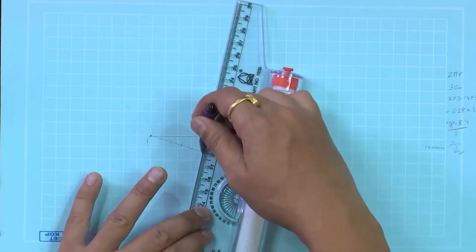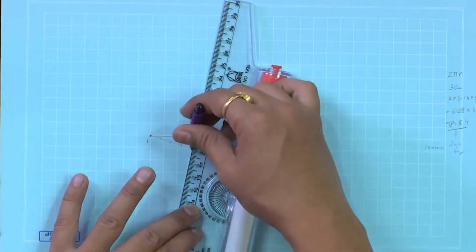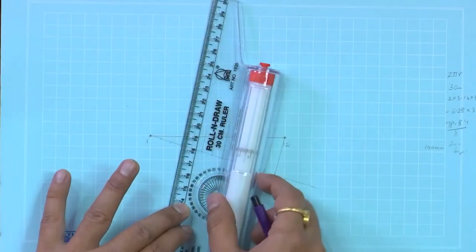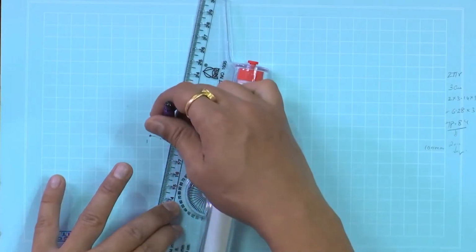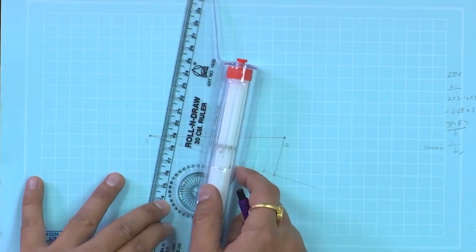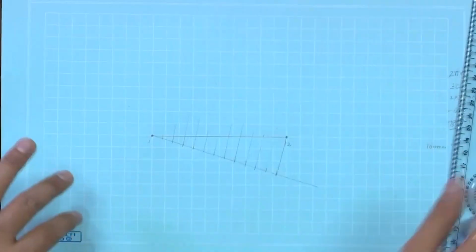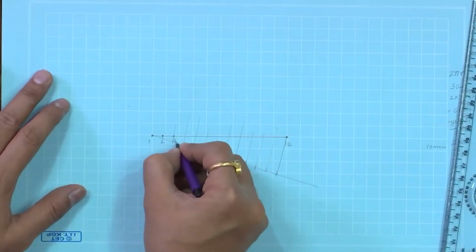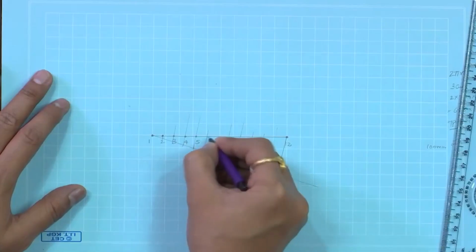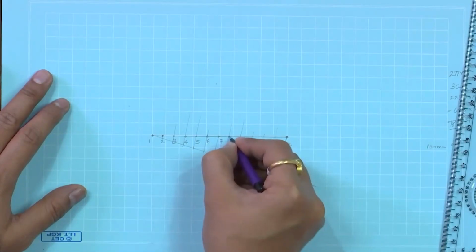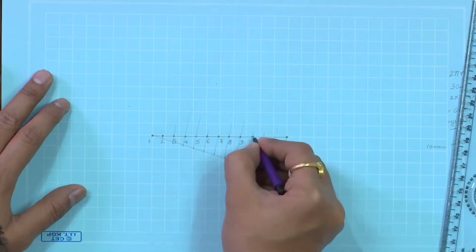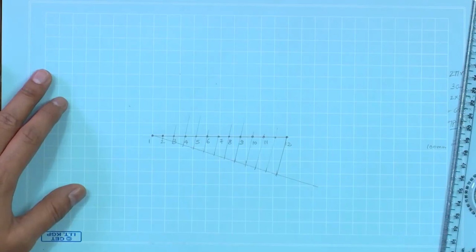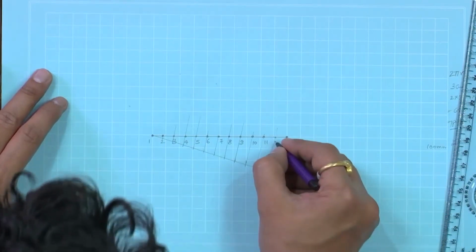Twelve divisions we have to mark. So, these are the points, mark them as 1, 2, 3, 4, 5, 6, 7, 8, 9, 10, 11. I think this is 12.